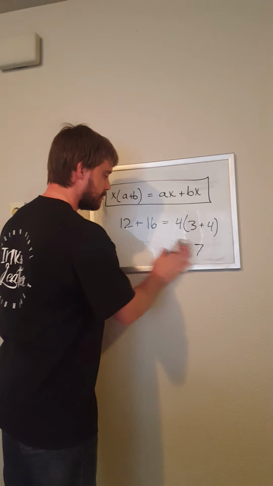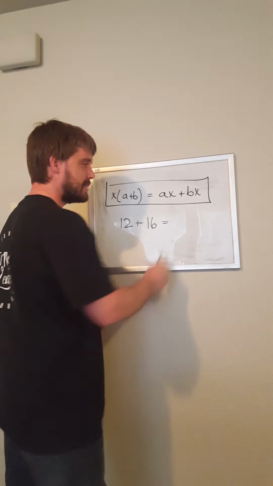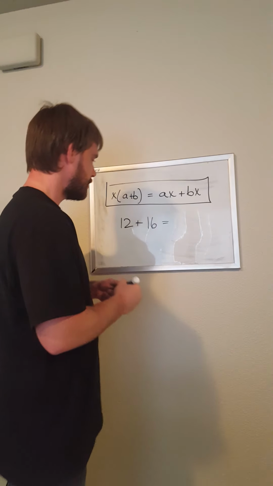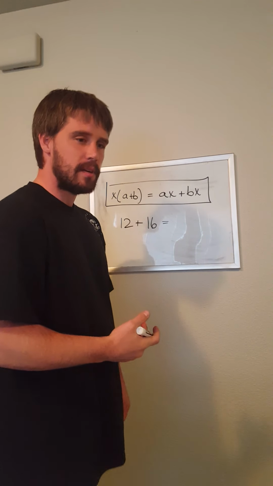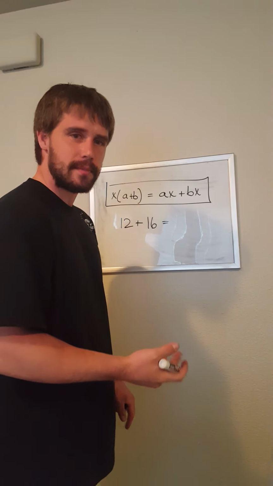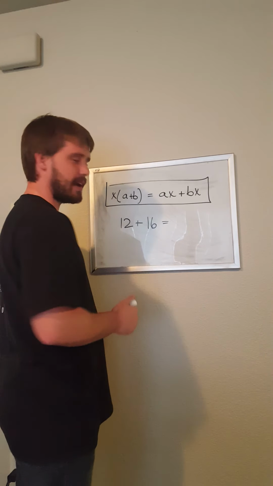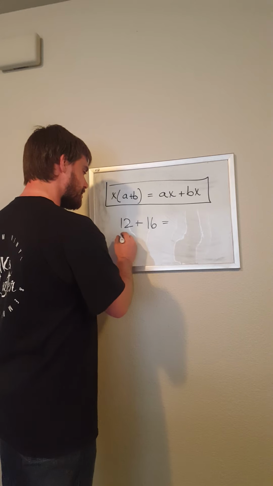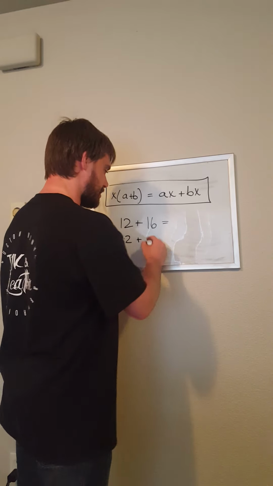One more thing I'll touch on here. I could have taken a different factor out. So they do have a common factor of 4, but 4 is 2 times 2. So in other words, this guy has a factor of 2, and this guy has a factor of 2. So I could write this as 6 times 2, and I could write this as 8 times 2.